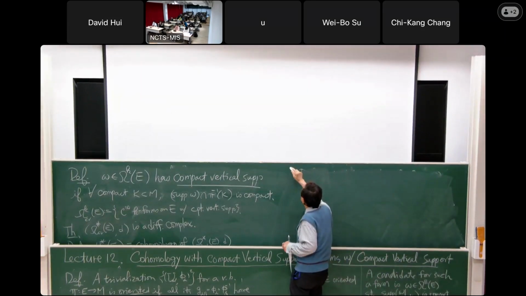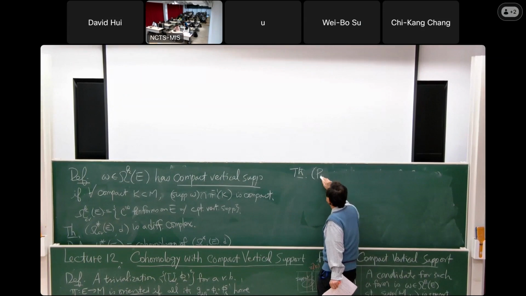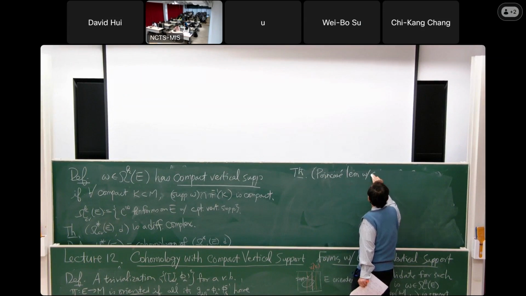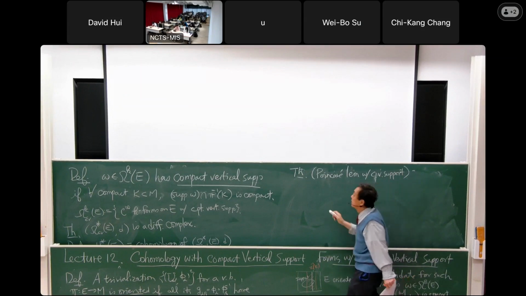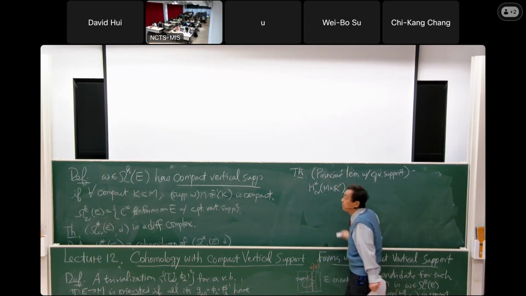Yeah, so let me give you the theorem. This theorem is called the Poincare lemma, with compact vertical support. It calculates the cohomology with compact vertical support of the product bundle.